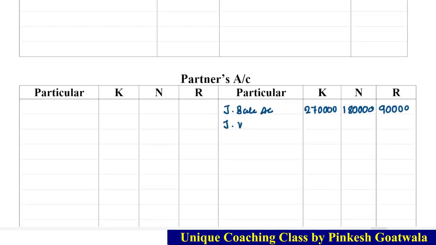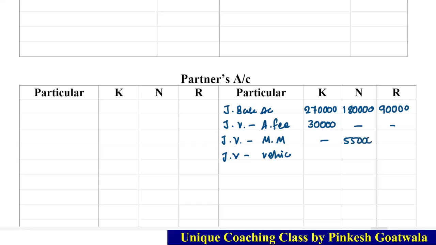So joint venture, architect fees; joint venture, mixture machine; joint venture, and last, vehicle. Okay, amount here 30,000 Kirit, here Nilesh 55,000, and here Rajesh 40,000.